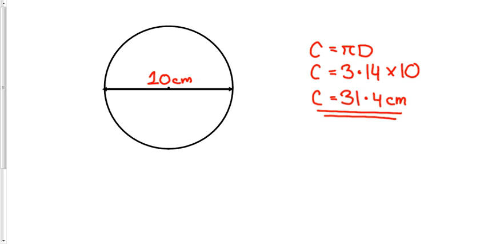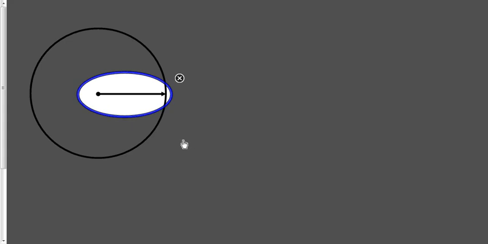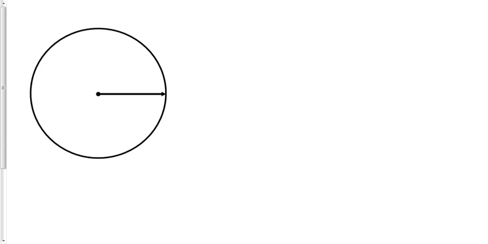Okay, and going over the page, if we were to have this circle here where we don't know the diameter and instead we know the radius, then we have to make sure that we change the radius that we're given into a diameter, and that's got to be the first thing you do when using this formula, or you can't go on.